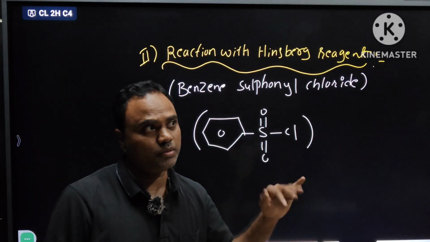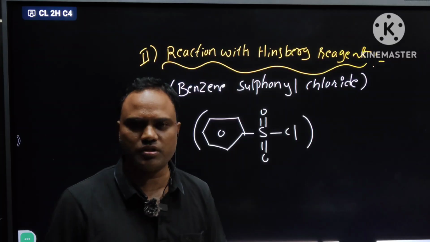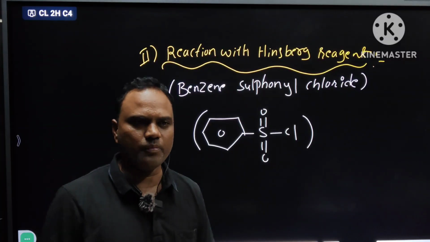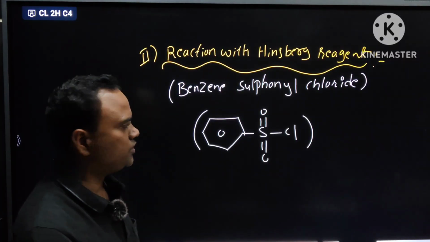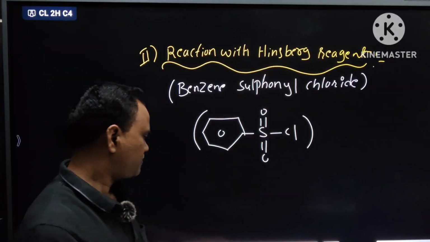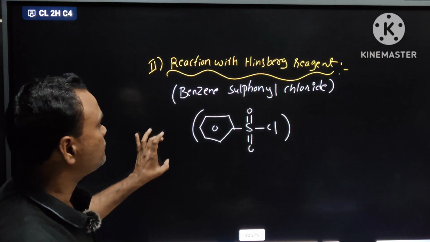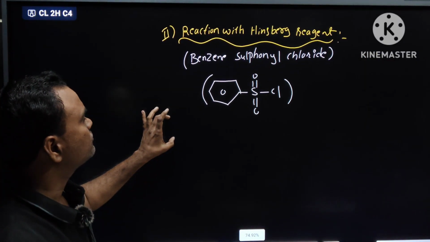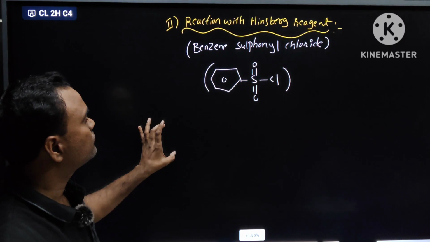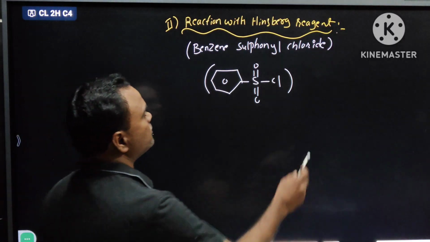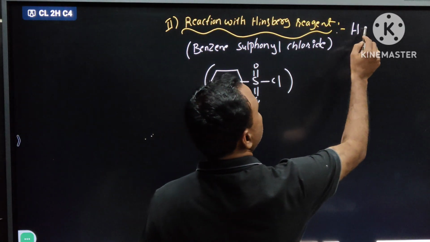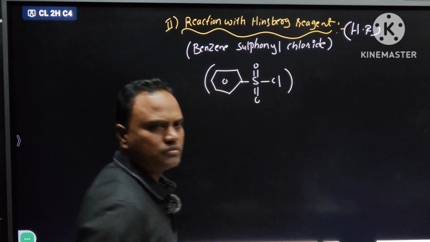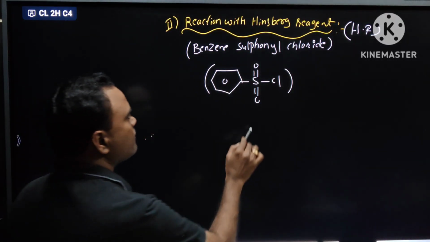In the previous case, colorless gas N2 is liberated, or yellow oily drop is produced. But in this case, look at this. Let us abbreviate this as HR, Hinsberg reagent.